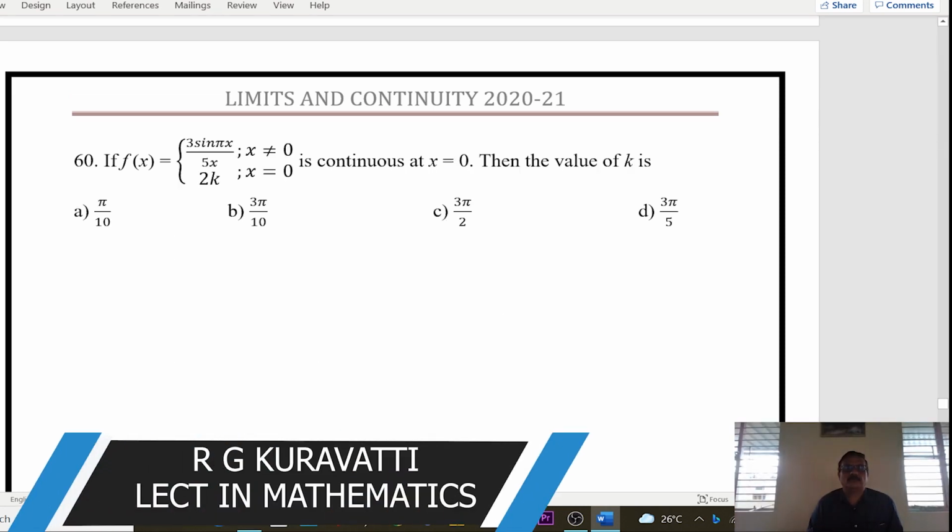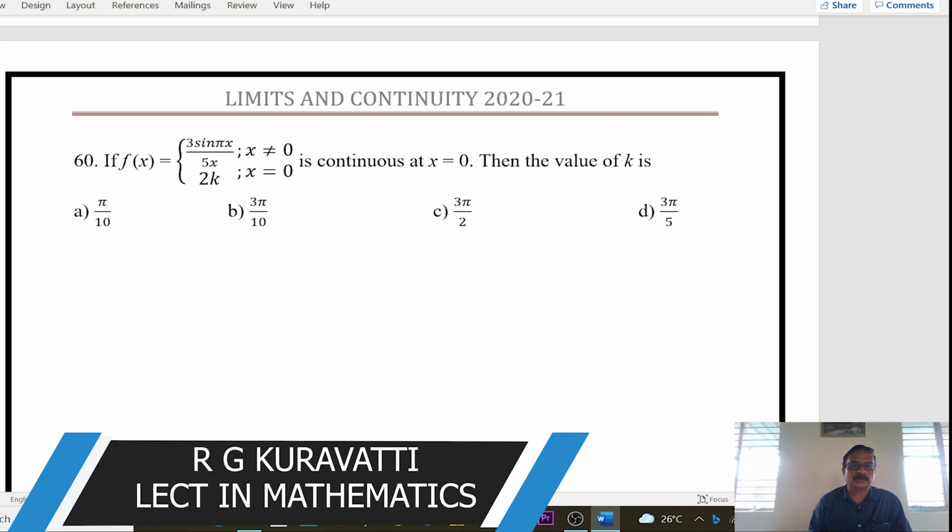Okay. If f of x is equal to 3 sin(πx)/5x when x is not equal to 0 and f of x at x equal to 0 is 2k, and is continuous at x equal to 0, then the value of k is. Now here x is not equal to 0 implies either x less than 0 or x more than 0, so that LHL and RHL are the same because the function is continuous.